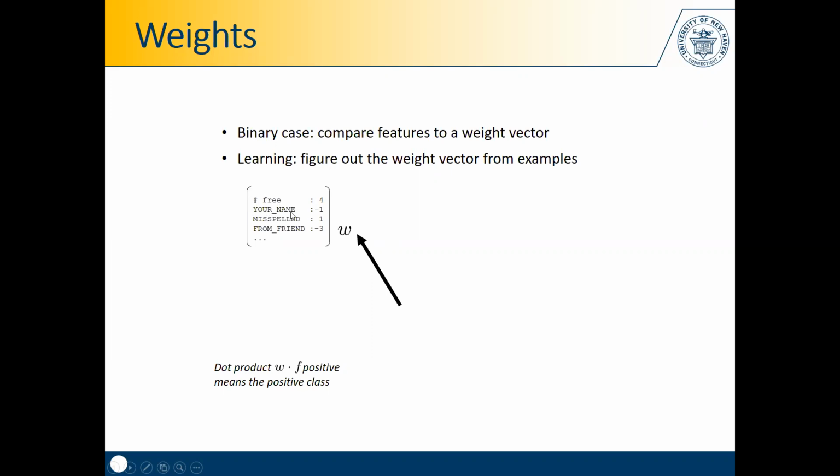The number of times your name is in the text of an email gets a weight of -1. And again, just a reminder, we are talking about a spam classifier. If there is something misspelled, it gets a weight of 1. If the email is from a friend, it gets a weight of -3.